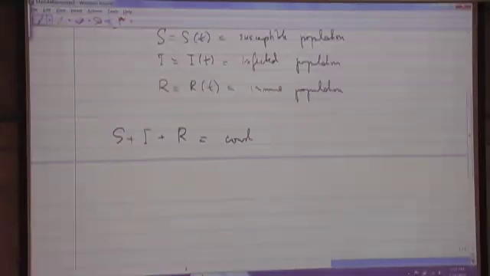And the dynamical system, well, one assumption is that S plus I plus R equals a constant, the total population.